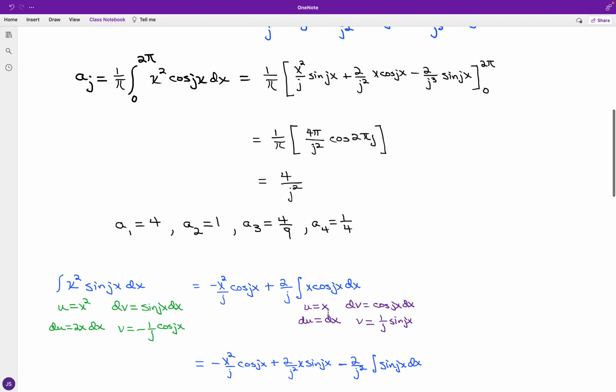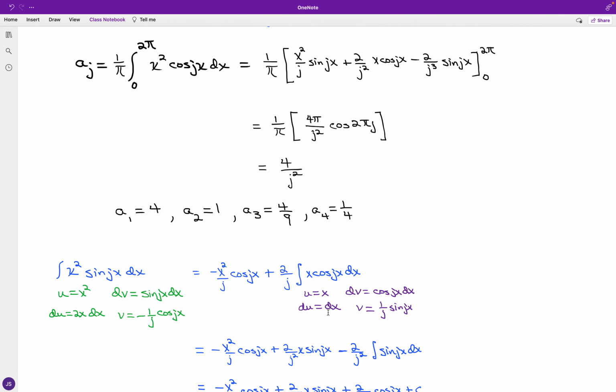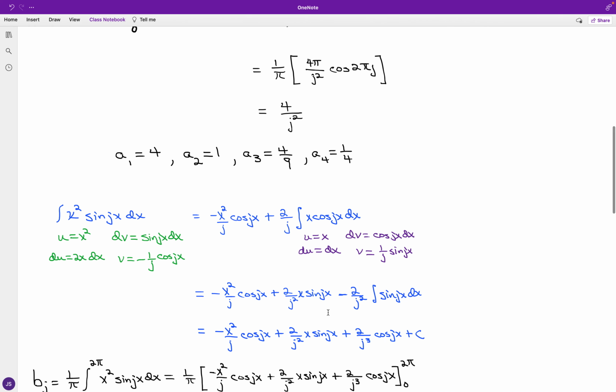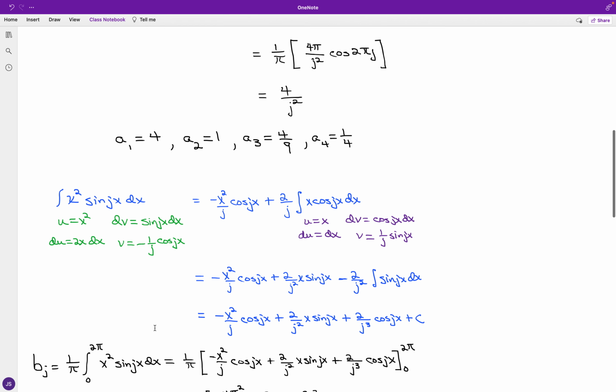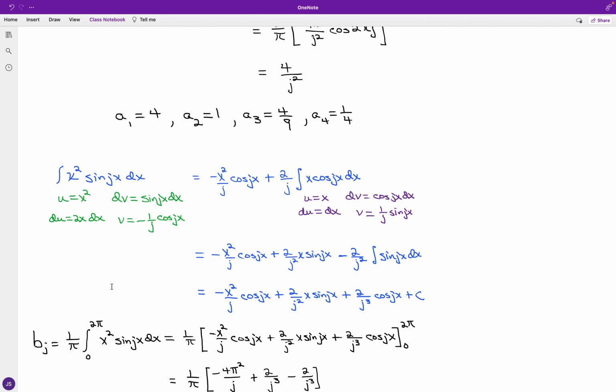And just taking what we have for, let's say, the integral of x squared times the sine of jx dx, again we're going to have repeating integration by parts. In this particular case, u is equal to x squared, du is equal to 2x dx, dv is equal to the sine of jx, and the antiderivative v is equal to negative 1 over j times the cosine of jx.